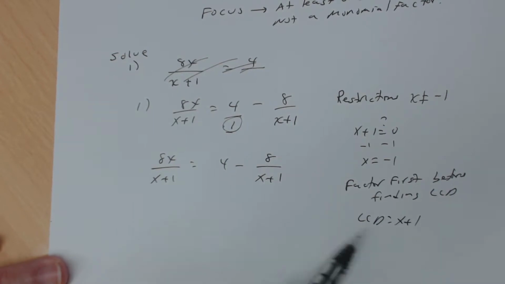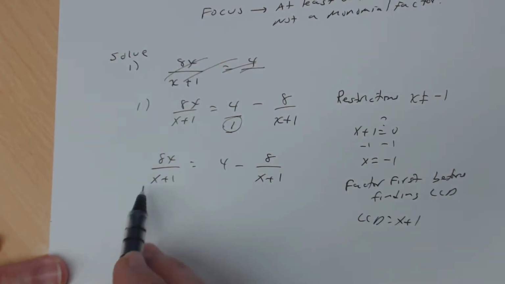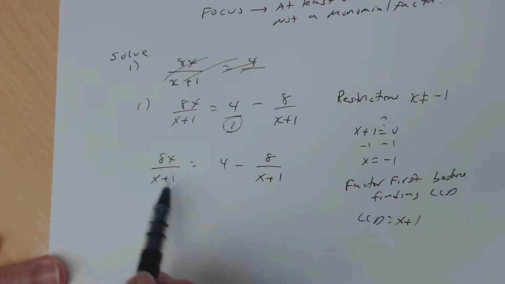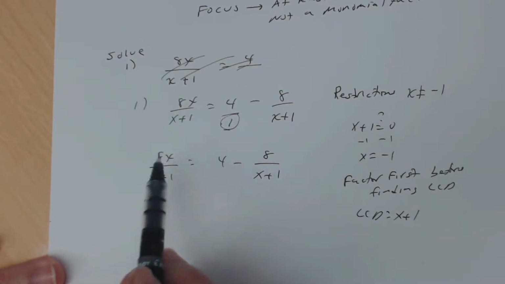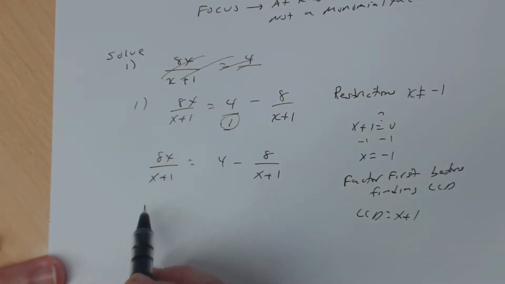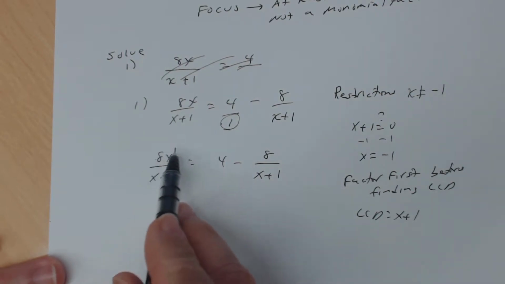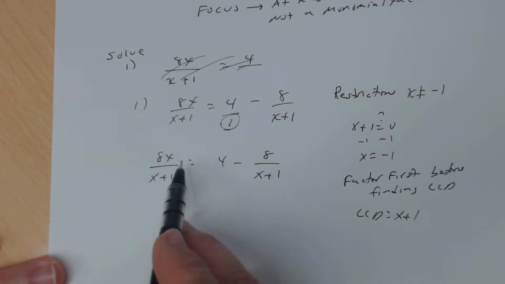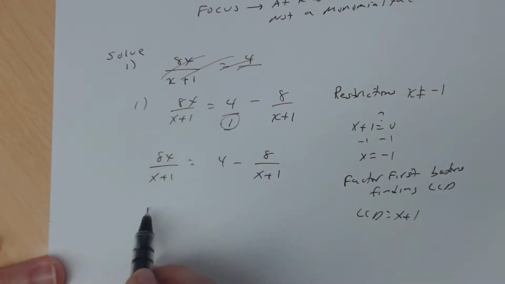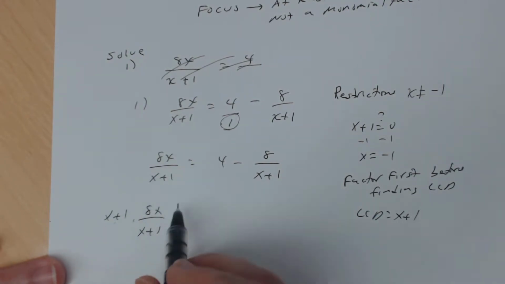Once you find the LCD x plus 1, you multiply both sides by the LCD. This is just one fraction, so I'm not going to use parentheses, and the numerator is just a monomial, so no parentheses there either. So I'm just going to say 8x divided by x plus 1 times x plus 1. I'm multiplying the left side by the LCD, which is x plus 1.